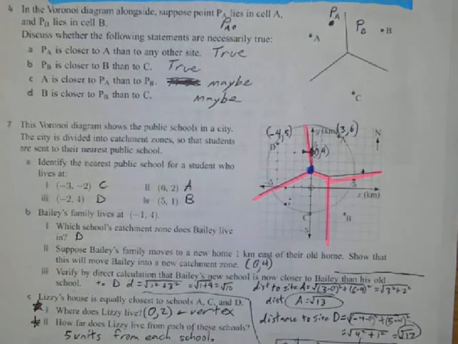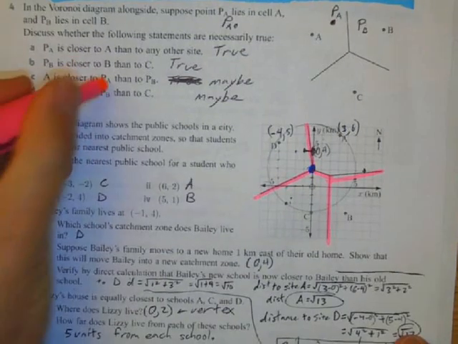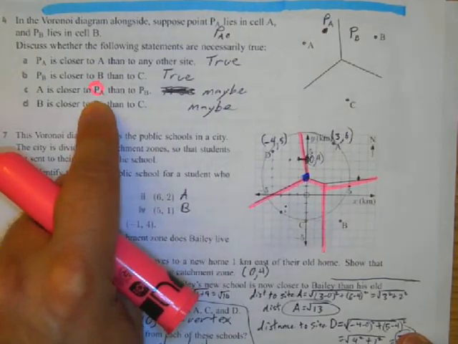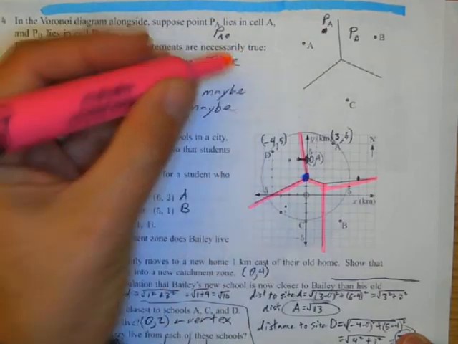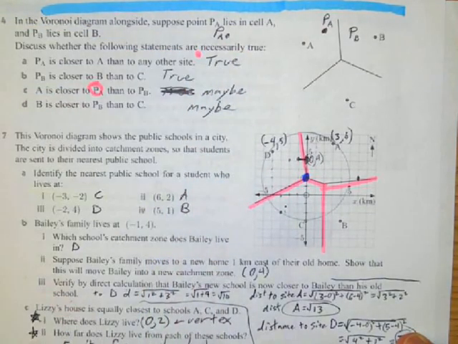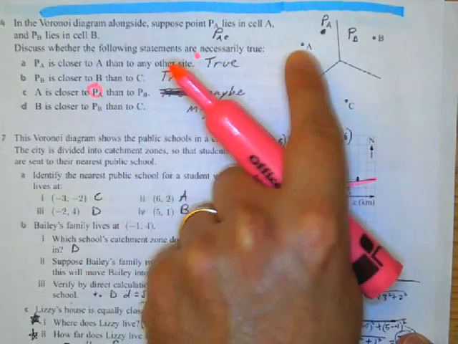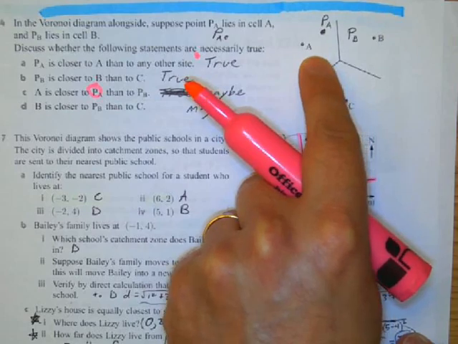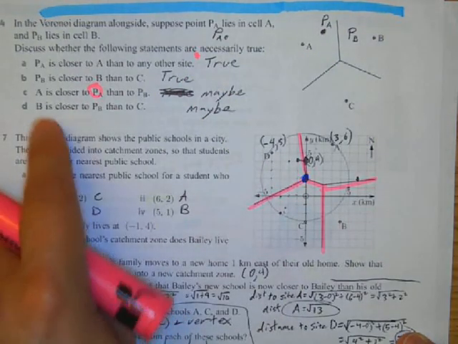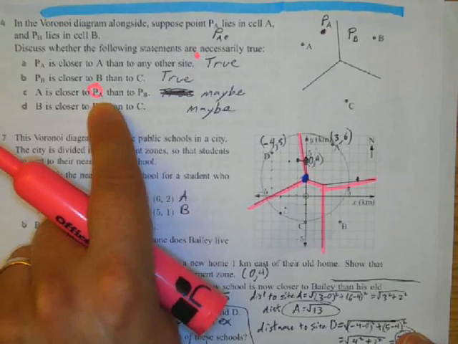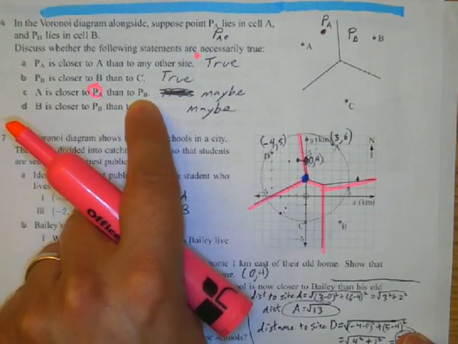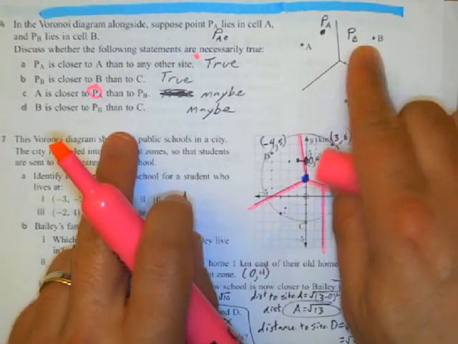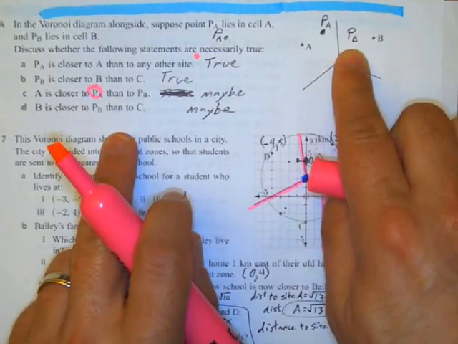what if point A is like way over here, right? Is this closer to A than B? If A was over here, site A could be closer to point B, couldn't it?